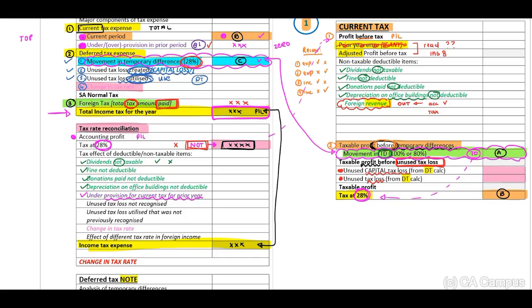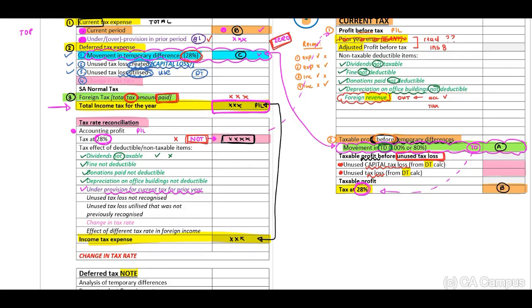Next, our deferred tax expense, the movement in our temporary difference. Remember, we have identified that it nets out. Our next line item, unused tax loss created. Now, think about this one. If we create an unused tax loss, this will be a deferred tax asset, right? You with me on this one?